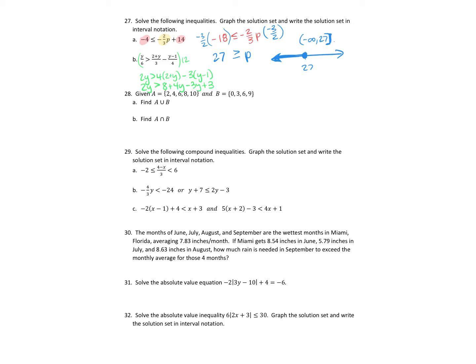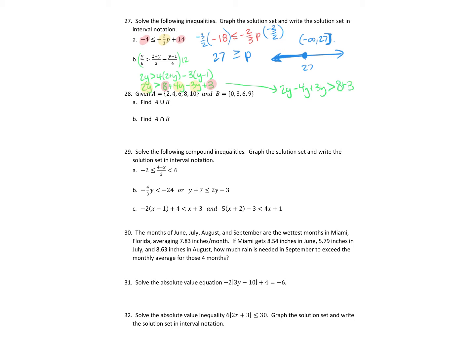And then again, we're going to note that these are the terms that contain the y, and these terms do not contain y. So we're going to get all the terms that contain y together on one side. So if I move over here, I'm going to have 2y minus 4y plus 3y is greater than 8 plus 3.